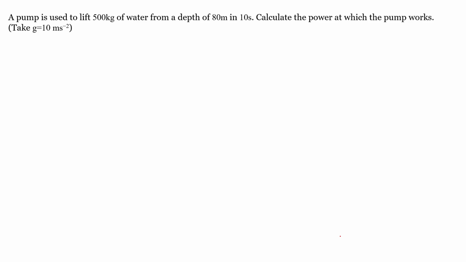Okay, you can take the G value to be 10 here. How to solve: the mass is given, the distance is given, time is given, and the G value is also given. Similar to the earlier problem, the force F you can write as mass times G. So it will be 500 times 10, that will be 5000 Newton.